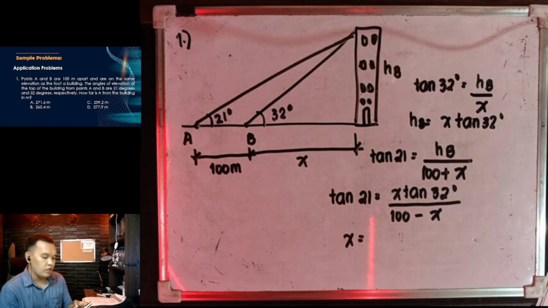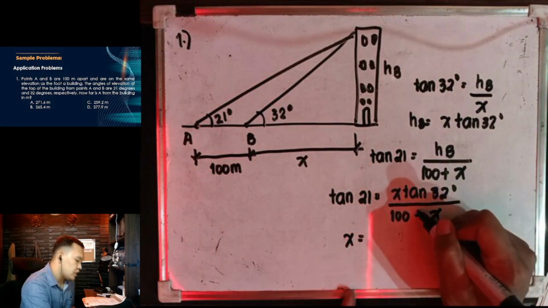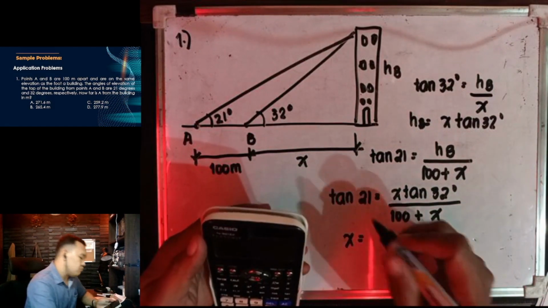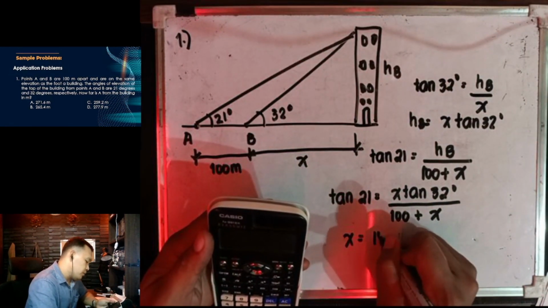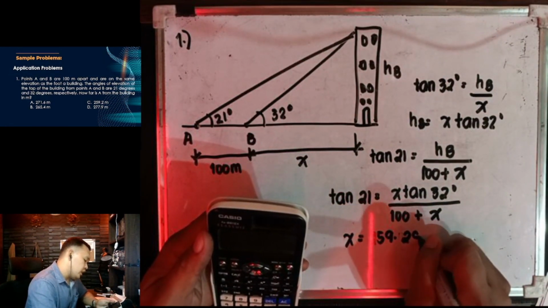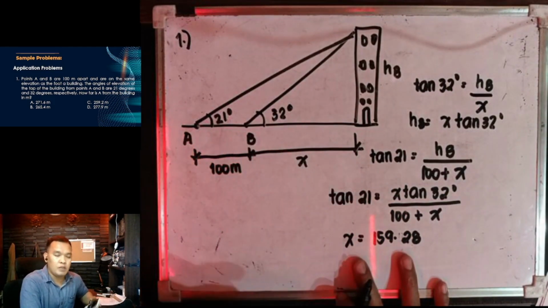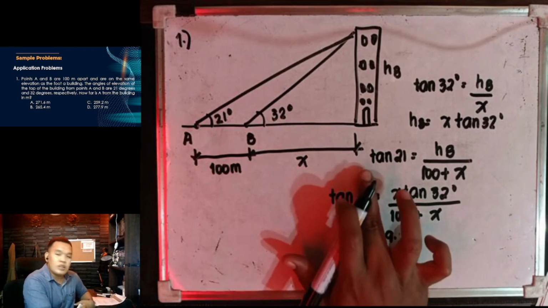So, we have the value of x which is equivalent kay 159.28. But this is not the answer for the question kasi ang pinapahanap ko is from A to the building.